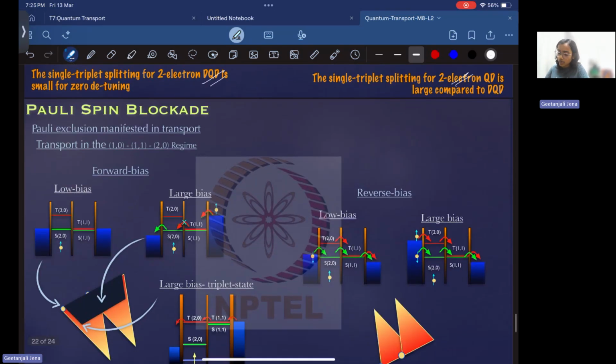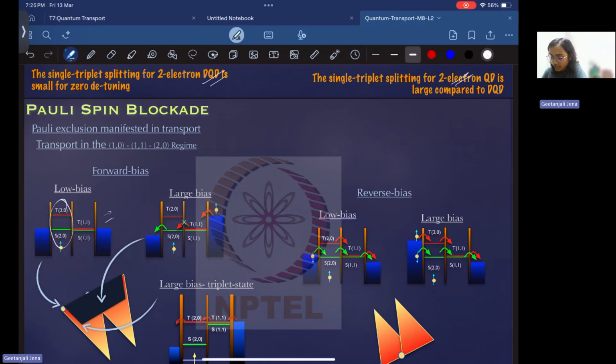For the low bias, what we have seen is that if you consider a case where the Fermi level of the first side, or let's say the drain side, is aligned with the singlet and triplet state of the first quantum dot, but it is not aligned with the singlet and triplet state of the second quantum dot, because here you can say this is the 1 1 state and this is the 2 0 state.